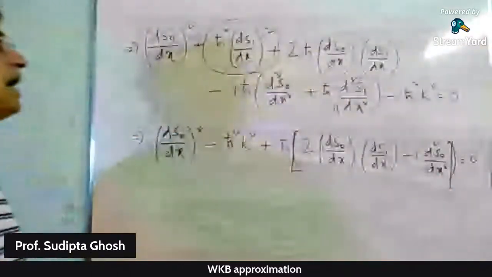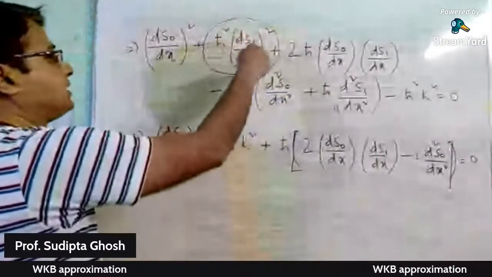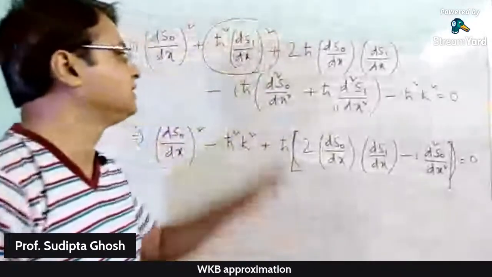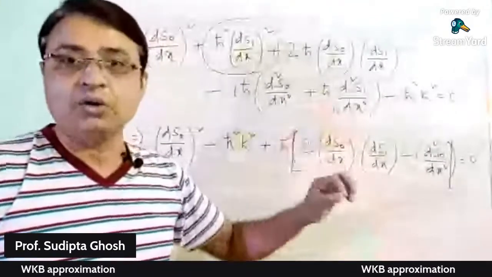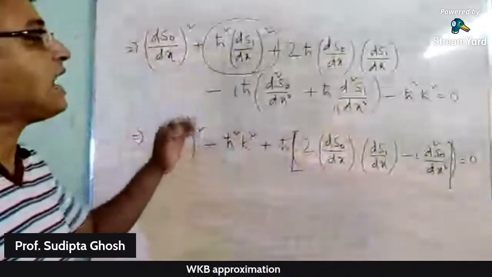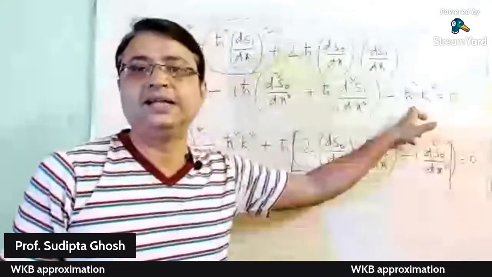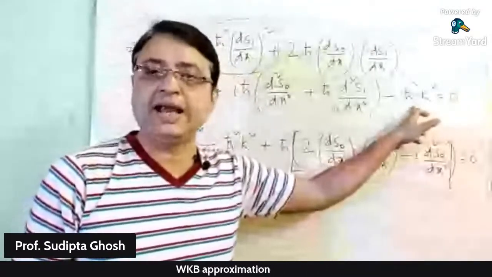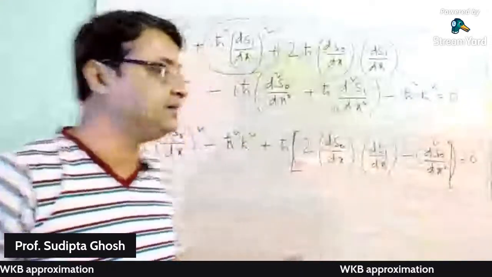So here I have actually omitted two terms. One is ħ² (ds1/dx)² and the other is ħ² d²s1/dx². Now here an interesting point arises: the term ħ² k² also contains ħ², but I have retained it. Why?